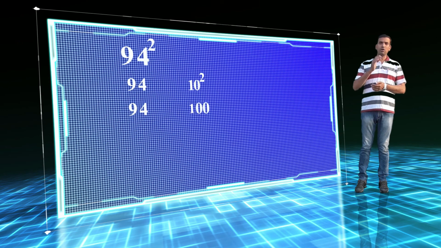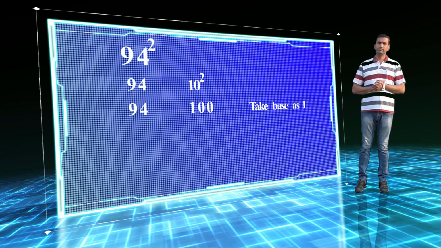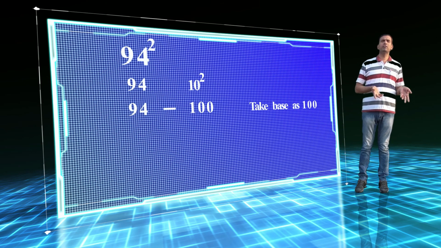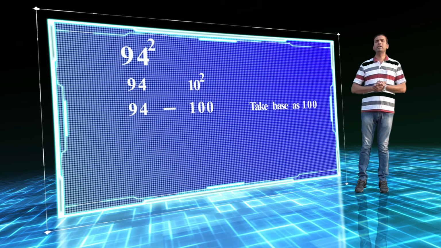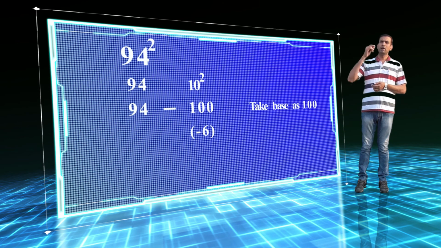And how do we find it? If you take 100 as the base, 94 is less than that. So step 1 is you should find the gap between the number and the base. That may be more than the base, that may be less than the base, but you have to find the gap. Since 94 is less than 100, how much less? 6. So you consider this as minus 6. Now write down minus 6 square, that equals 36.